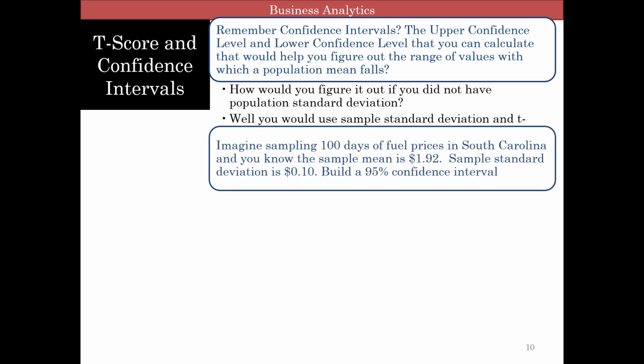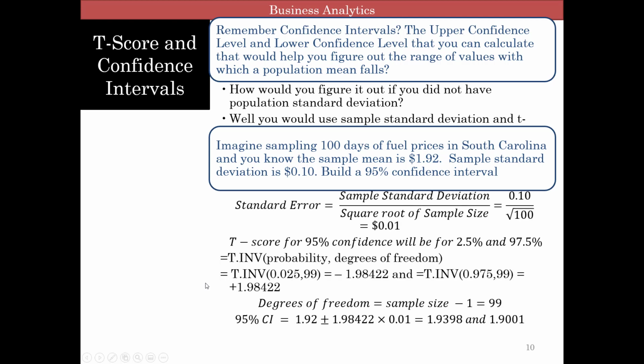So imagine sampling 100 days for fuel prices in South Carolina. You know that the sample mean is 1.92. Now, all you know is the sample standard deviation of 10 cents, and you're asked to build a 95% confidence interval. So here we, of course, have to calculate standard error, and then you're going to find the t-score.